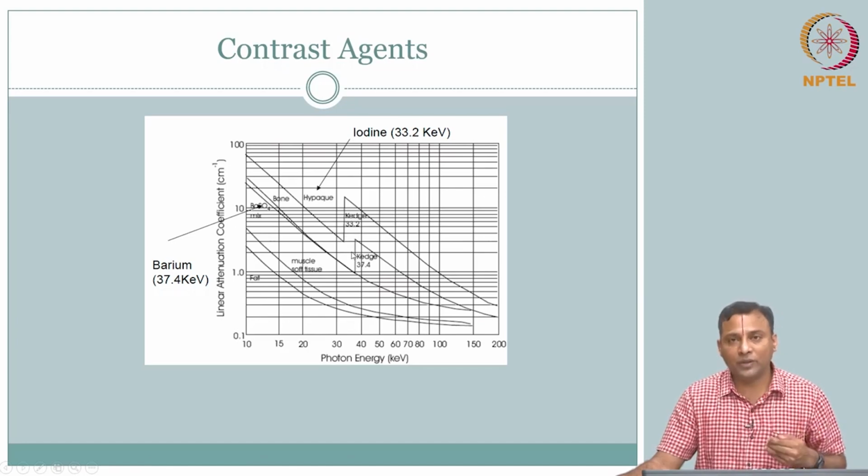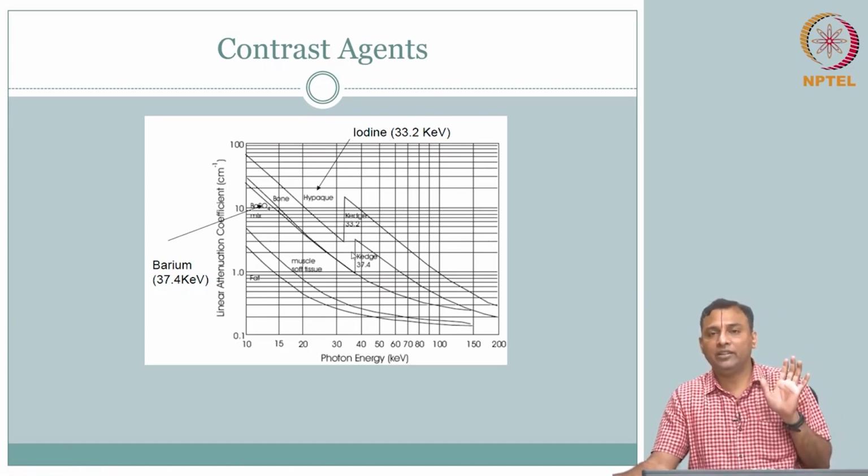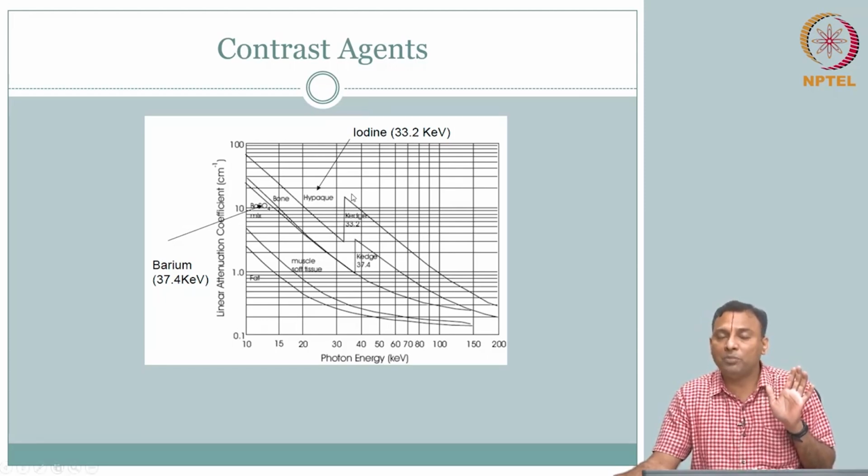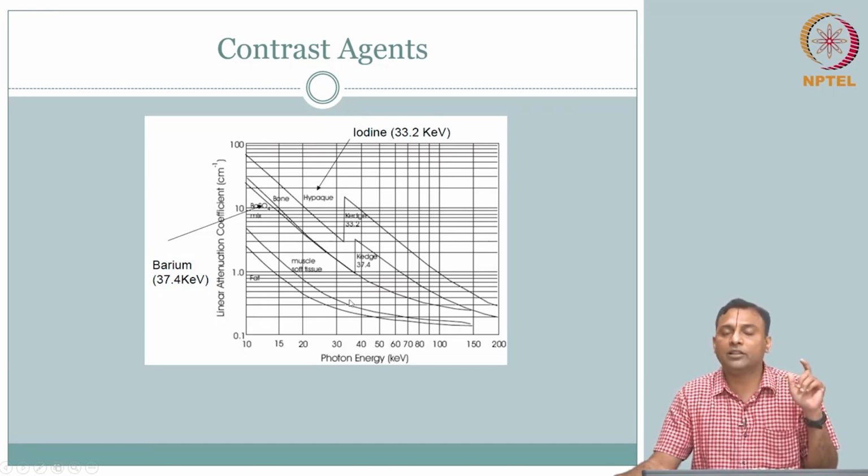In other words, you can increase the contrast in the image, because wherever this material is, the attenuation is going to be way higher compared to where the soft tissue is. So you can easily tease out where this compound is in the path.